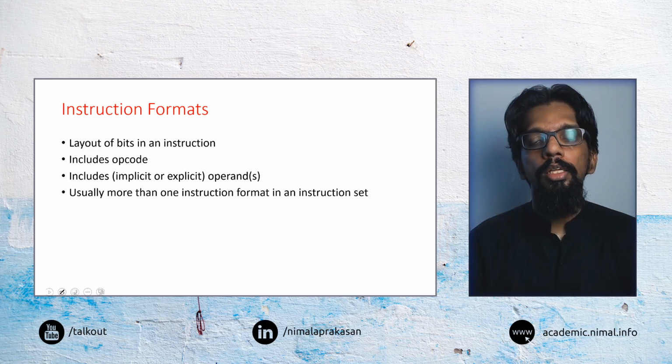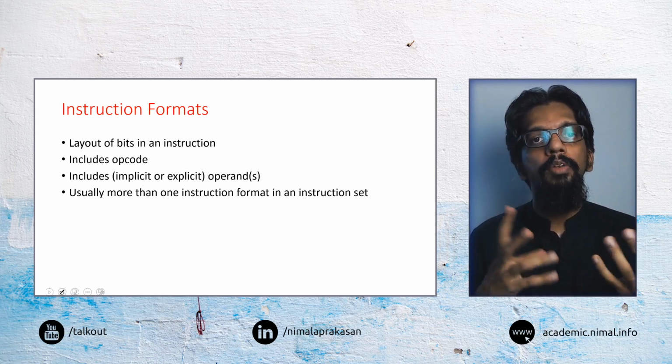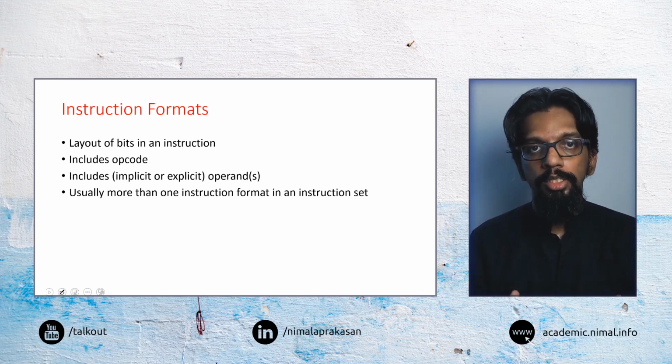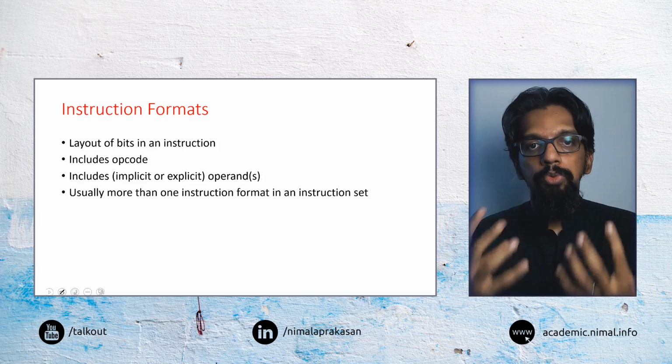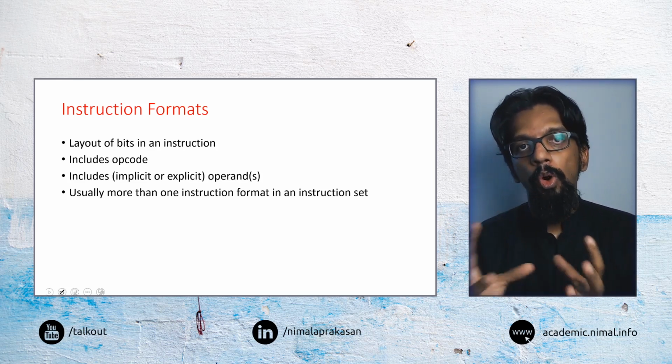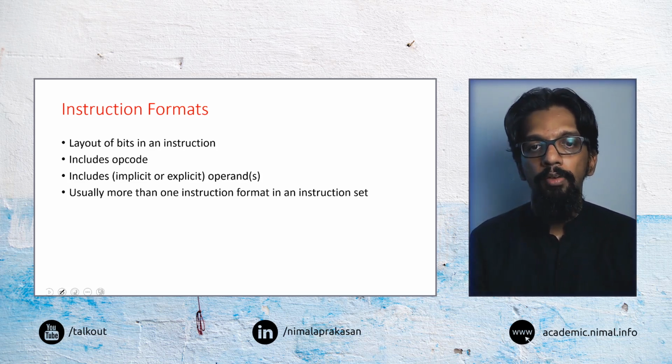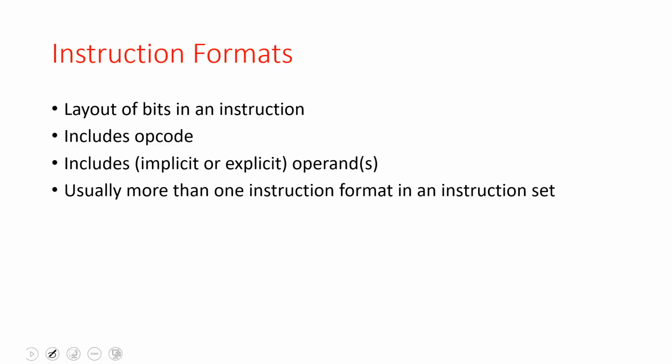So those are some of the various types or categories of instructions that we can have in an instruction set architecture. Now let's look at some of the common formats of instructions that we can have. When we say format of instructions, what we are talking about here is the bitwise layout of an instruction.